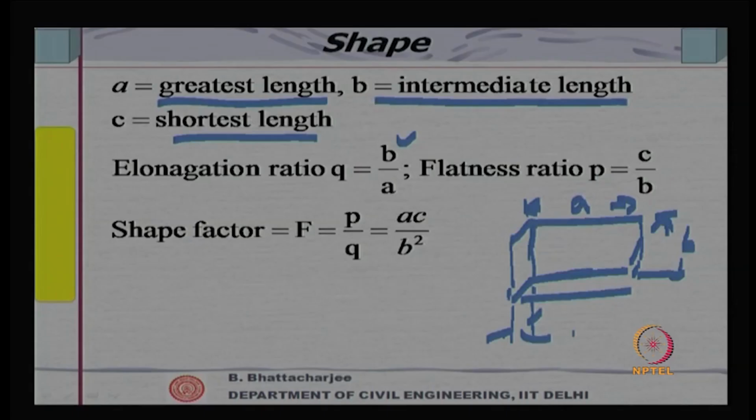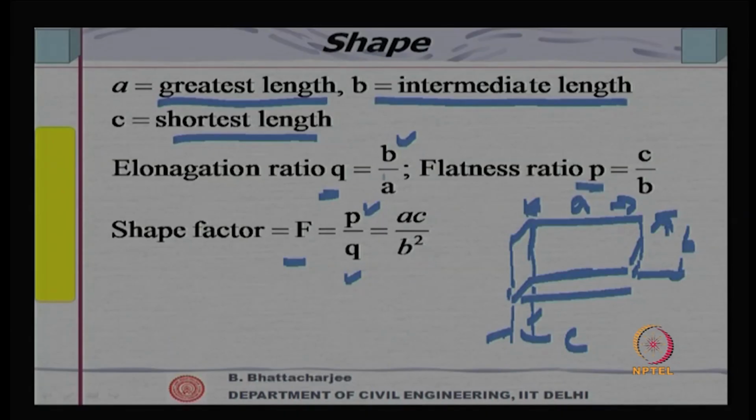Then elongation ratio is B by A, flatness ratio is C by B, right. Shape factor one can talk in terms of P by Q, that is flatness ratio divided by elongation ratio, and AC by B square.